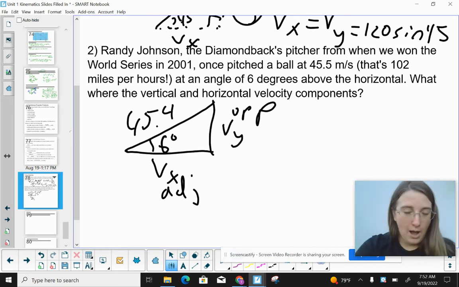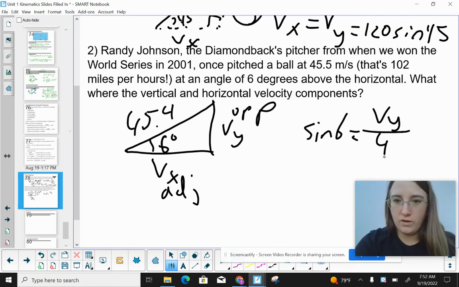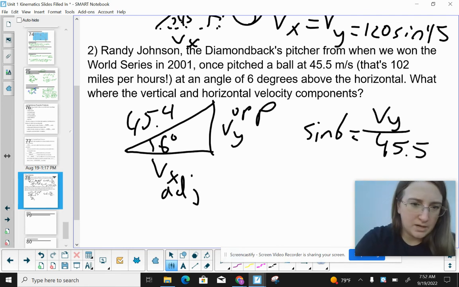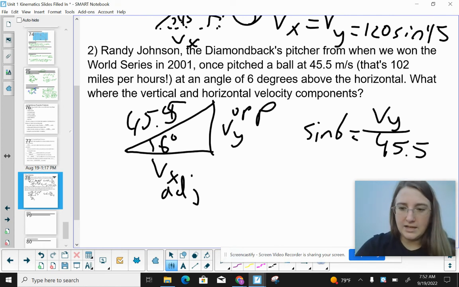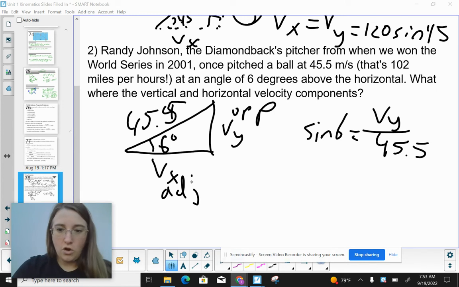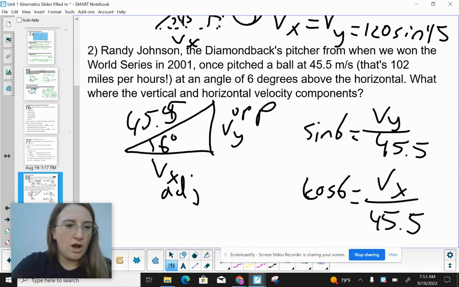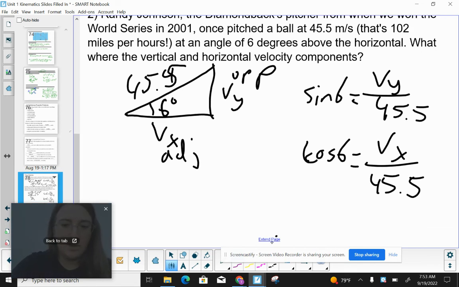But I've got sine 6 equals Vy over 45.5, and cosine 6 equals Vx over 45.5. Cross multiply to get the Vx and the Vy by itself.